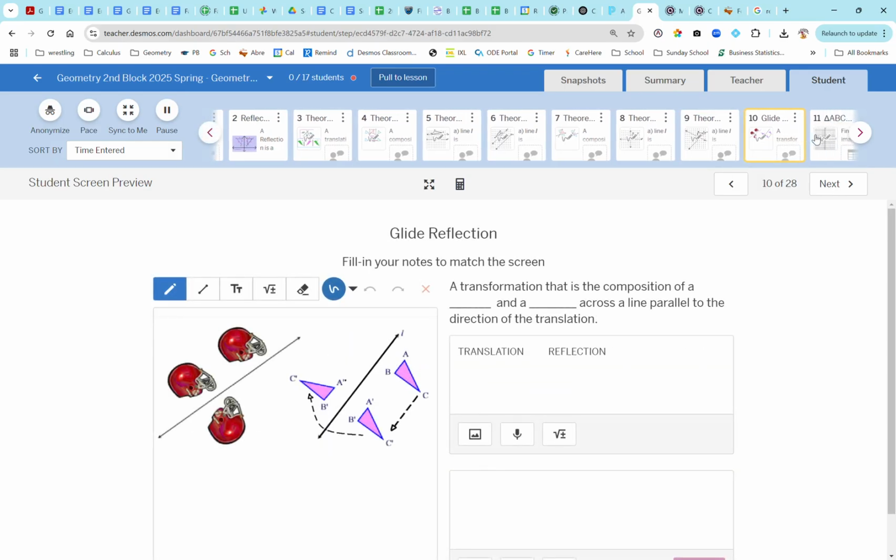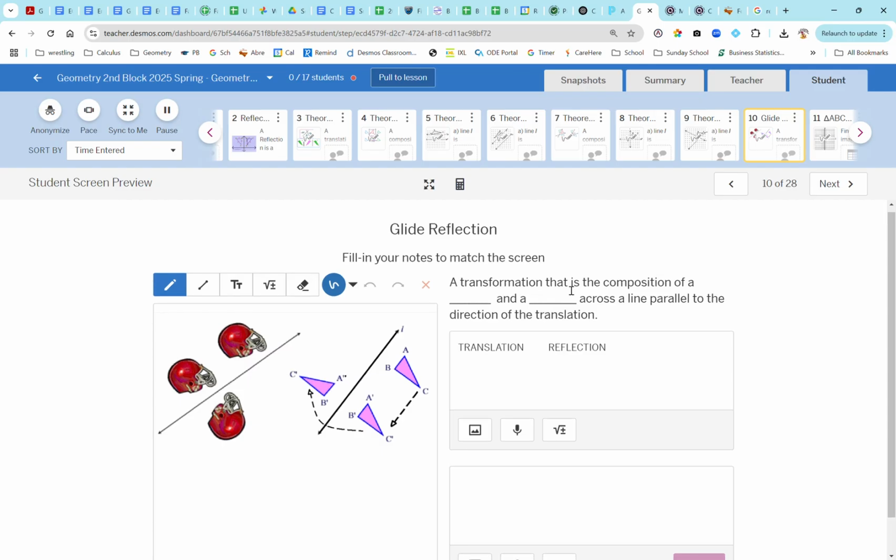I'm going to move to the next topic, and that's another type of composition. It's a special one called a glide reflection. A transformation that is a composition of a translation, a slide, C to C prime, and that's followed by a reflection, C double prime, being flipped across this line, is something called a glide reflection, as long as the line we reflect it across is parallel to the direction that we slid this.